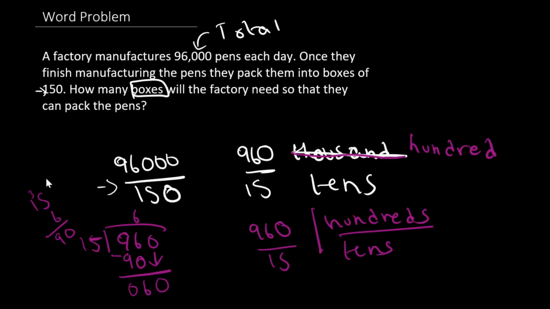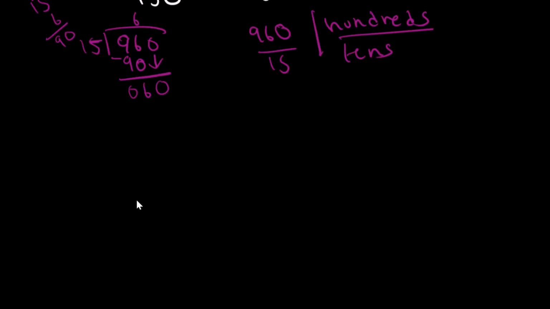So we'll have 60. So what times 15 equals 60? Let's try 15 times 4, because I have a feeling 15 times 4 is 60. Let's see. 4 times 5 is 20. 4 times 1 is 4, plus 2 is 6, so 60. Oh wow, I am right. So 60 with a 0 remainder.